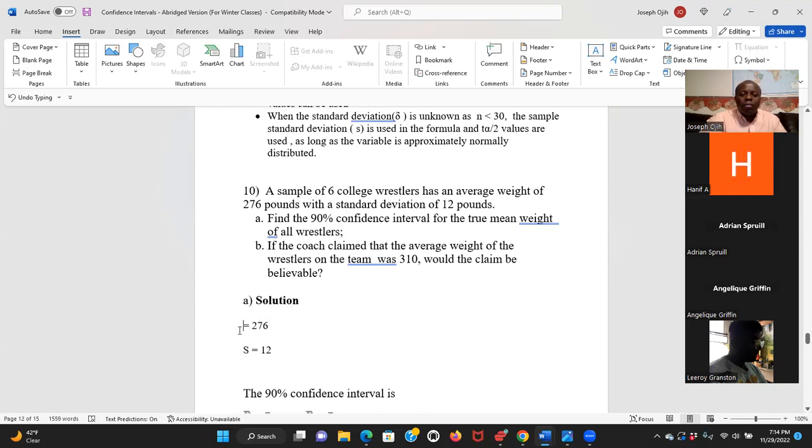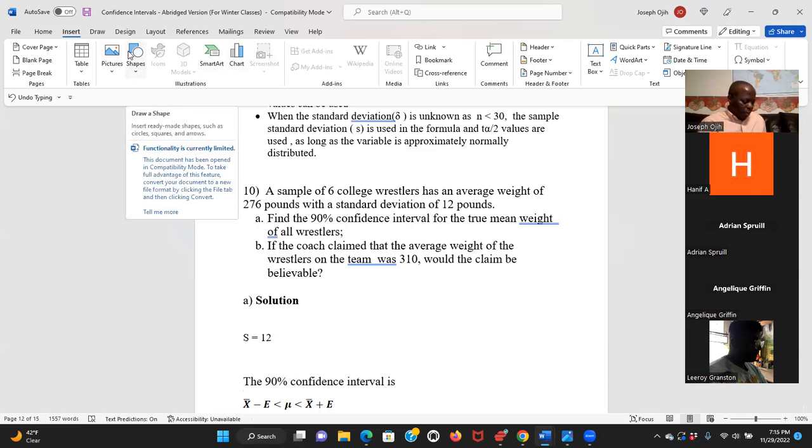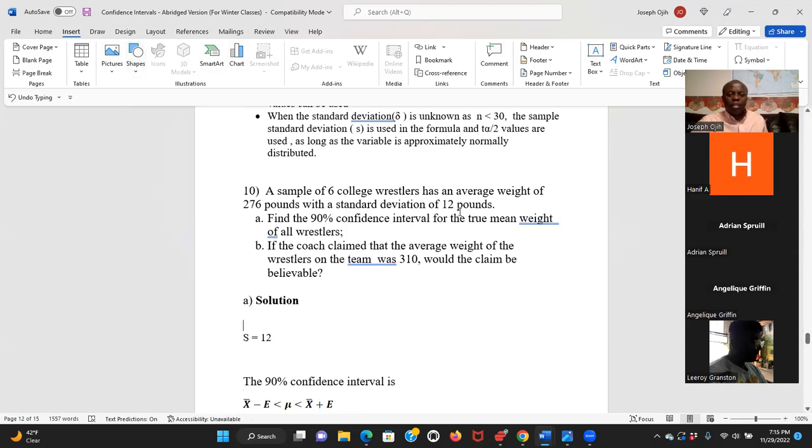To get the correct character for the mean, I'm going to take you to the other workbook where it will allow us to get the character. So let me write x bar is 276 pounds.